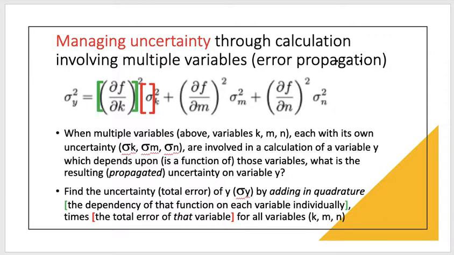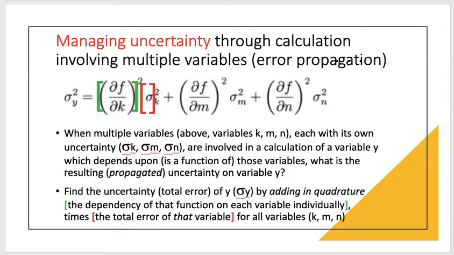Here's a general expression. This particular one has three variables, and it's got some parts laid out to match some English below. When we propagate uncertainty through this equation, we find the total error of y, say, the sigma y, by adding in quadrature a series of things.